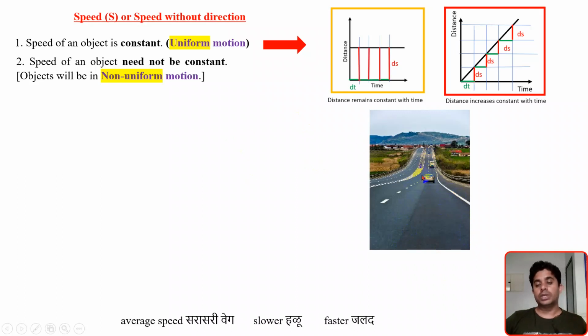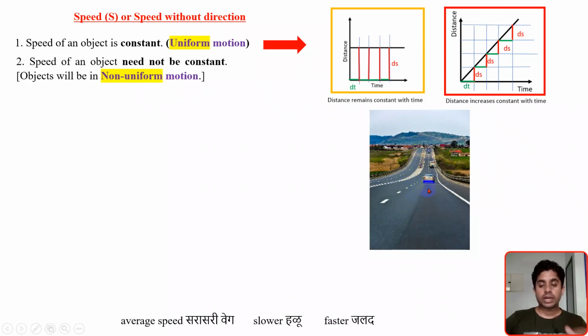Here, the car as an object traveling on the road has many variations in speed: increasing speed, decreasing speed, maintaining constant speed, applying brakes and reducing speed suddenly. These kinds of things we experience while driving the car. At that point, I will say the car is in a non-uniform motion condition.